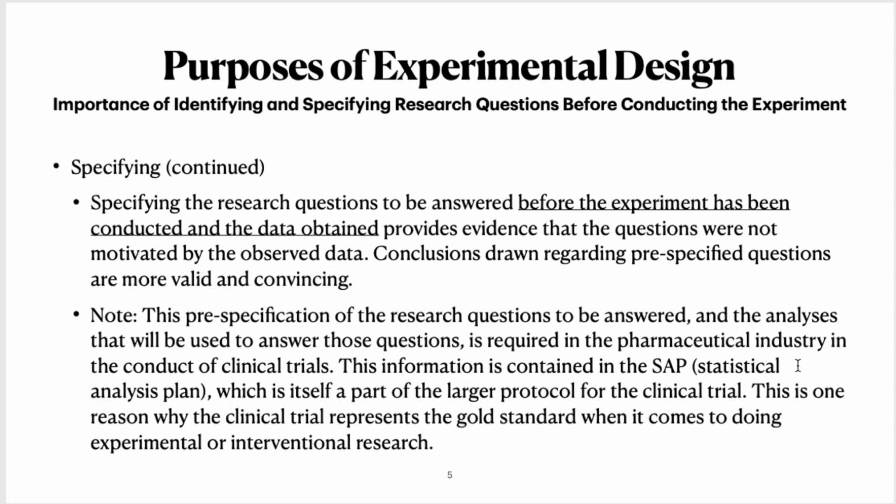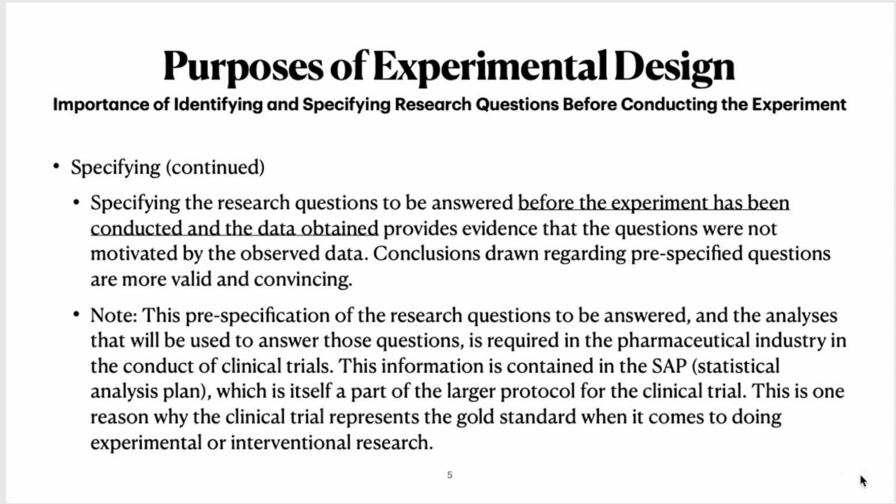And so the fact that the pharmaceutical industry or the FDA requires this pre-specification is one reason why the clinical trial represents really the gold standard when it comes to doing experimental or interventional research.